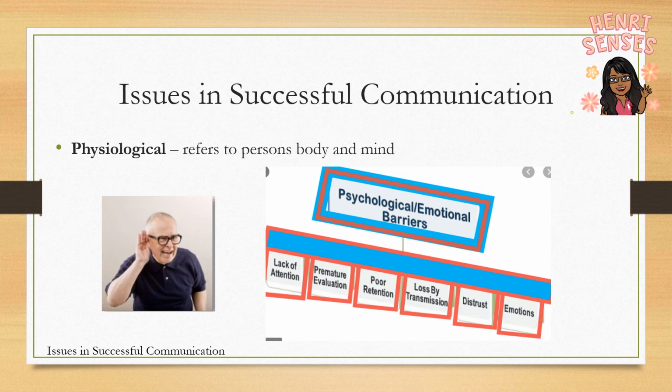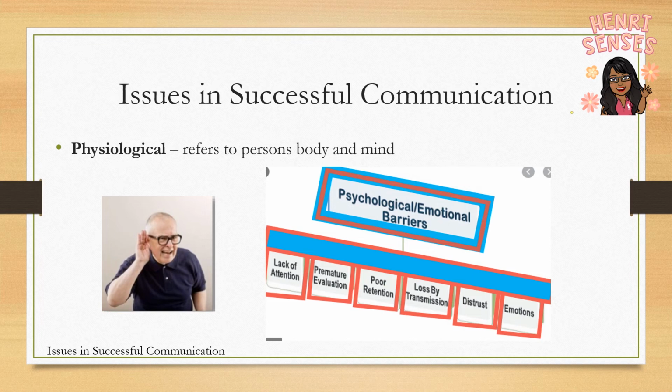Another example is poor eyesight. It's very difficult to read and to get information out of written text if you have poor eyesight, or even gestures, especially if the person gesturing is at a distance.